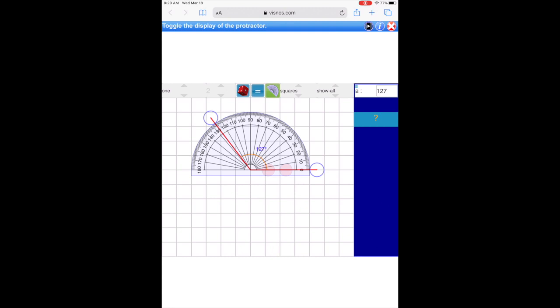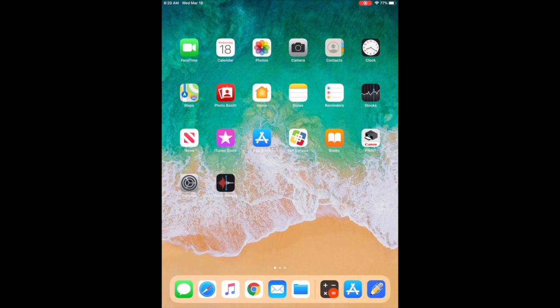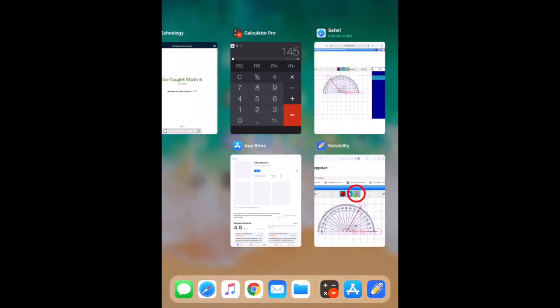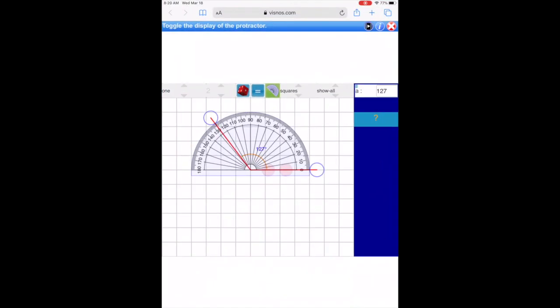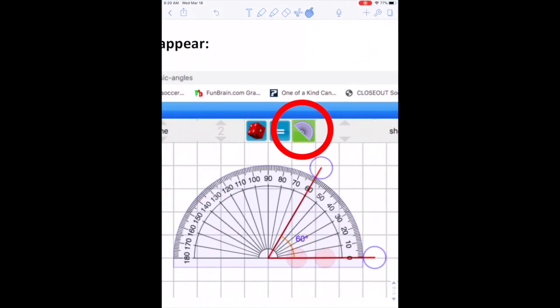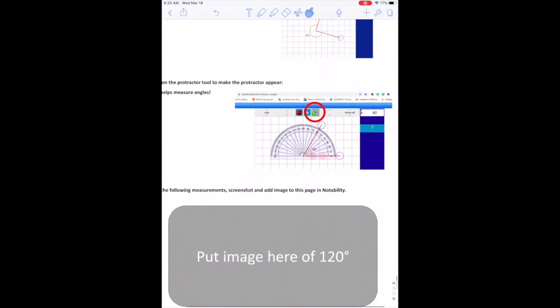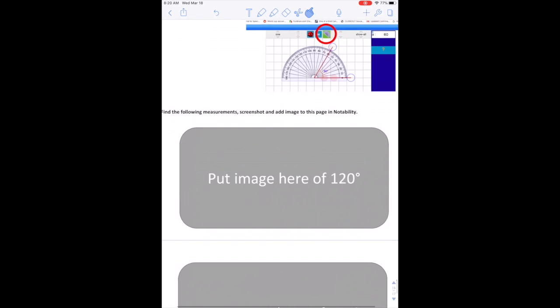So next what I'm going to have you do is find the angle measurement for 4 different angles, and you are going to screenshot those and add them to the document. So going back to my document, there's 4 different angles you are going to try to find.